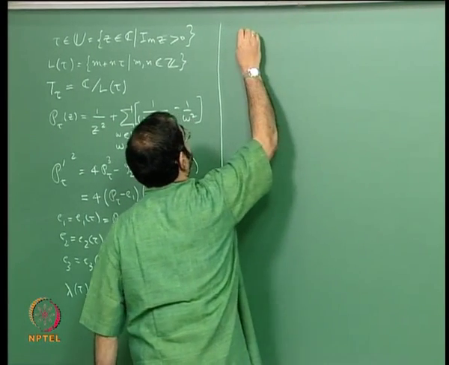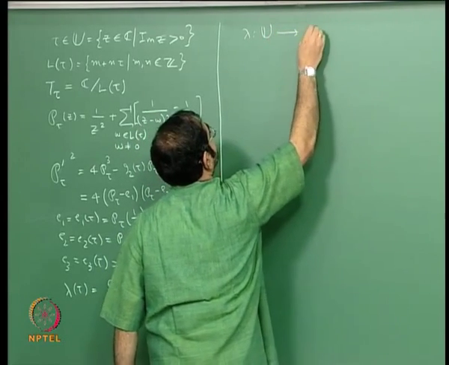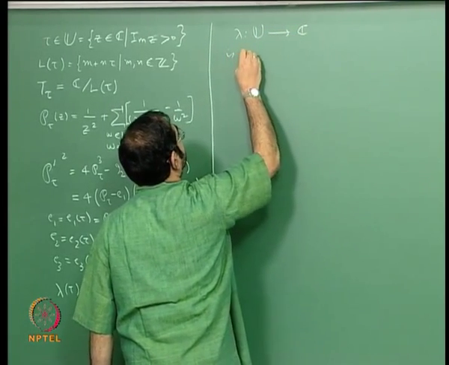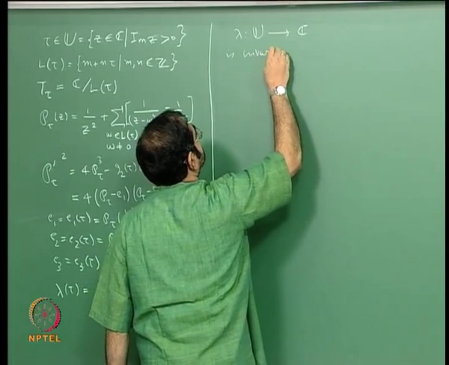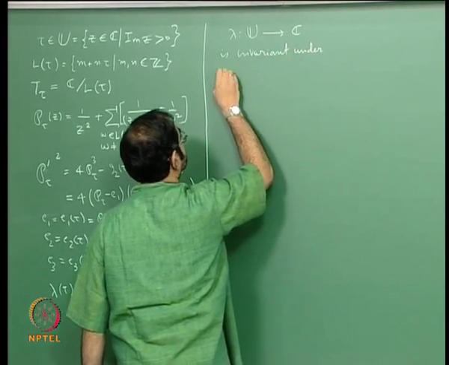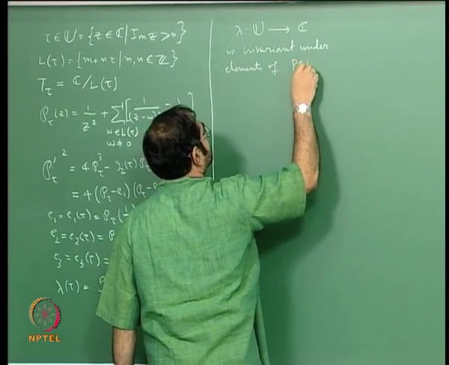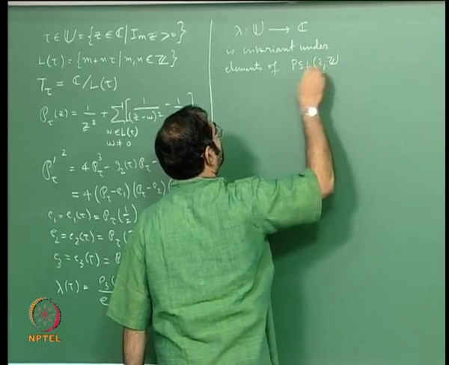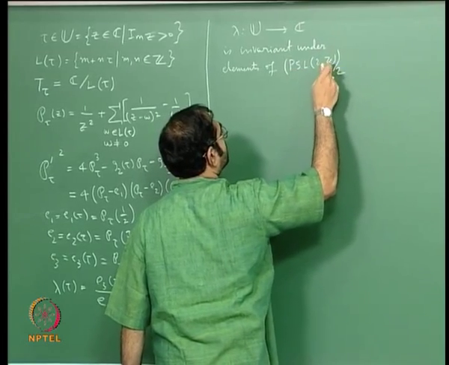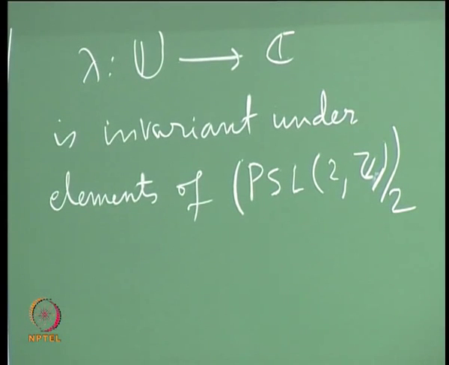and what we proved last time was that this function lambda, which is a holomorphic function on the upper half plane, is invariant under elements of PSL 2 Z, the unimodular group, which are congruent to the identity matrix when the coefficients are read mod 2.